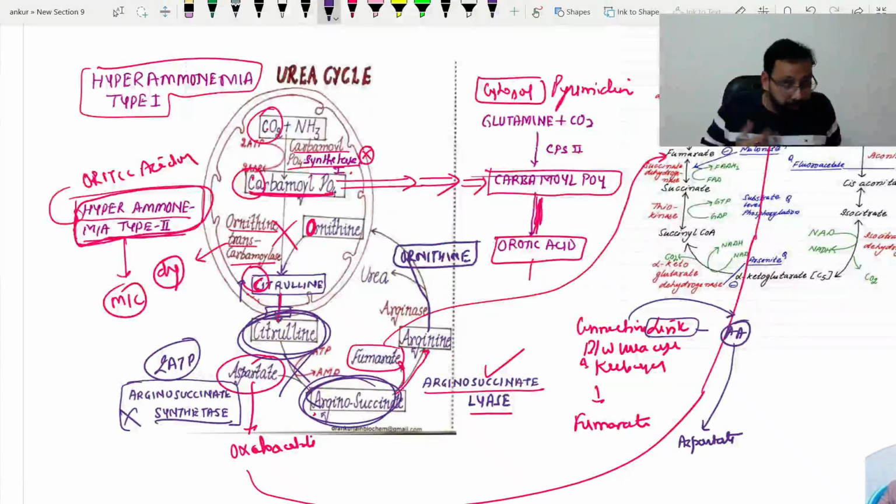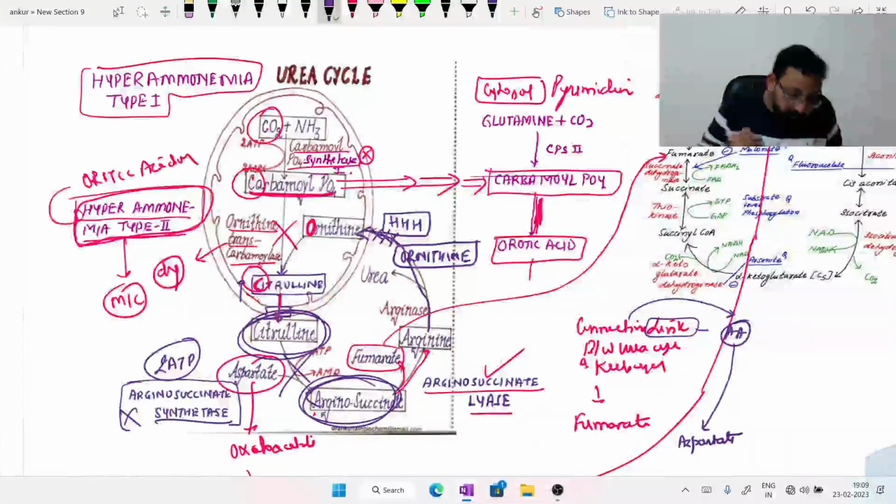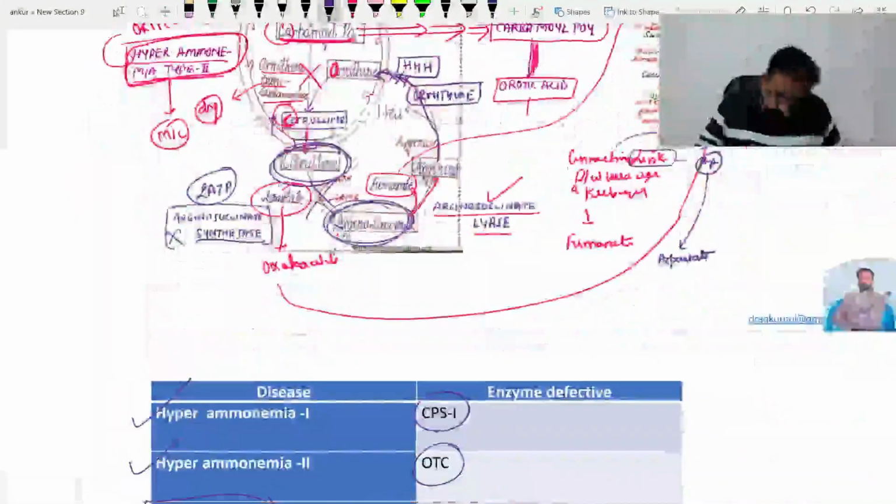I'm not going in depth. Ornithine is normally transported to the mitochondria by the ornithine transporter. If it is deficient or defective, it causes triple H disease: hyperammonemia, hyperornithinemia, hyperhomocitrullinemia.